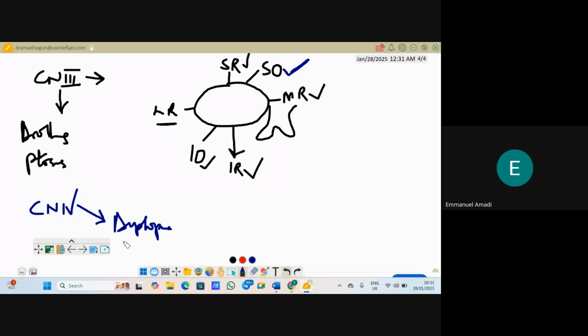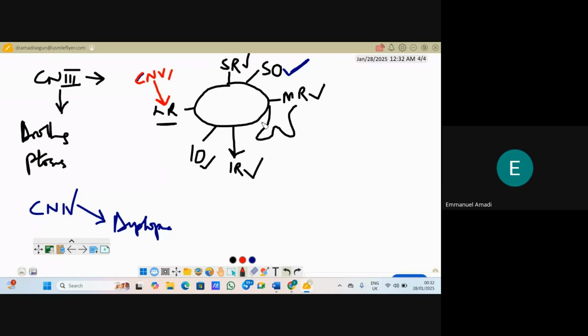Then the third cranial nerve you need to know that also supplies muscles of extraocular movement is cranial nerve 6. Please, I know why I'm taking my time to go in this direction, because we need this interplay at the end of the day. Now, cranial nerve 6 will supply the lateral rectus muscle. Of course, the lateral rectus muscle will move the eye laterally, meaning away from the nose.